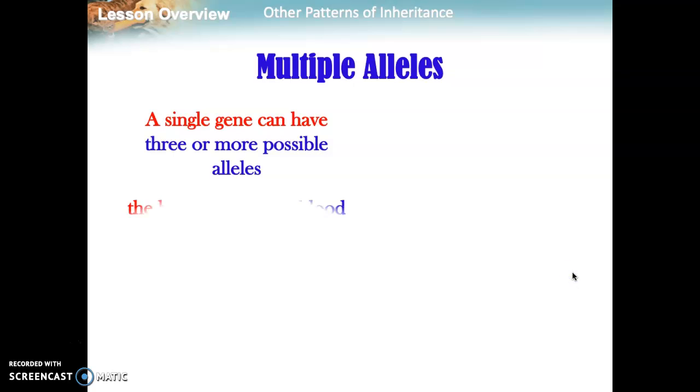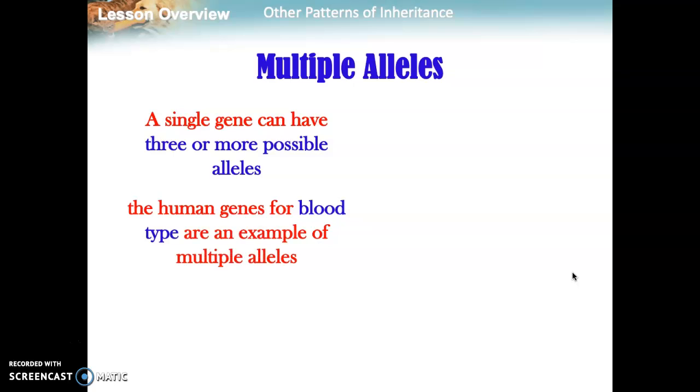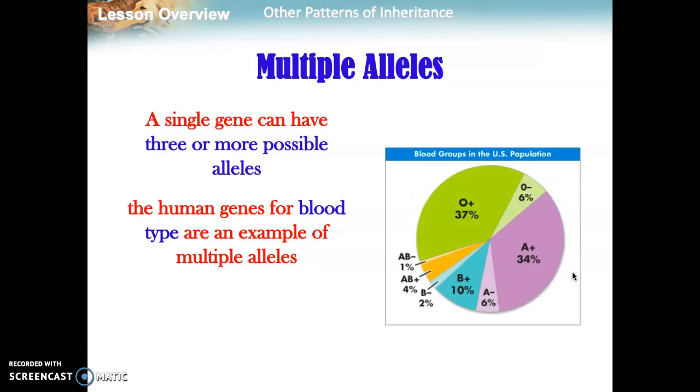Again, we're going to deal with blood type, and we're dealing with 3 or more possible alleles. Because of that, we can get all these different types of blood types. Now, we are not worrying about the rhesus factor. That is the plus and minus.